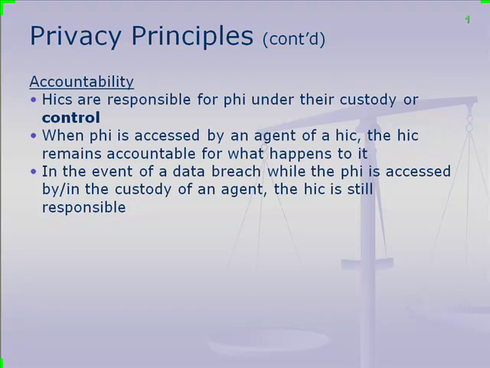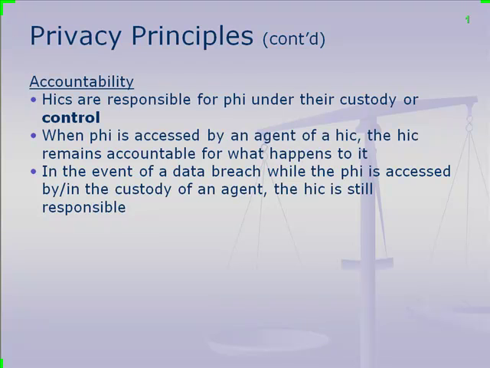Another principle that's important in the context of secondary use and disclosure, in my view, is accountability. Sure, there are fair information practices as a whole, but in the secondary use and disclosure scenario, these are the important ones, I think.